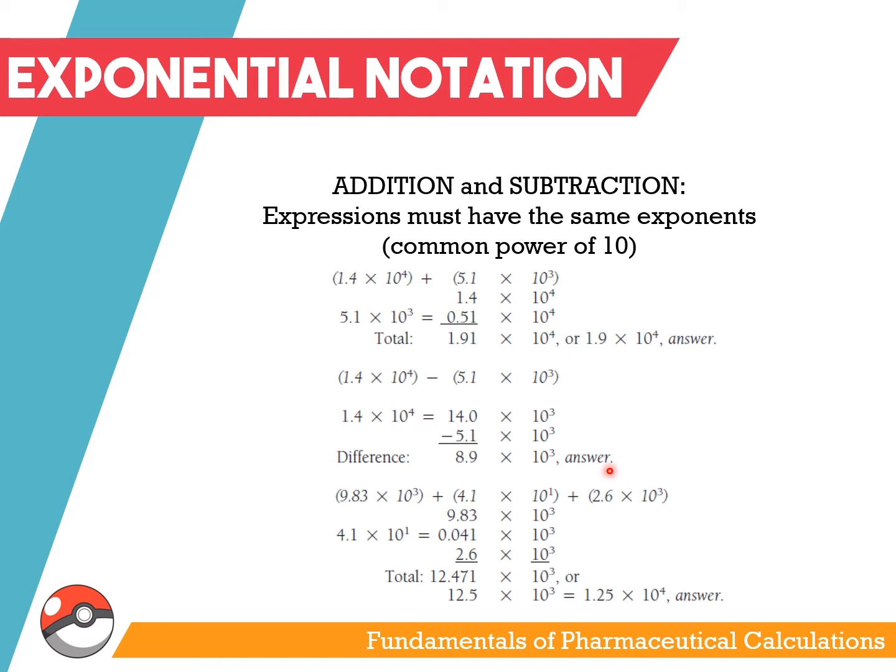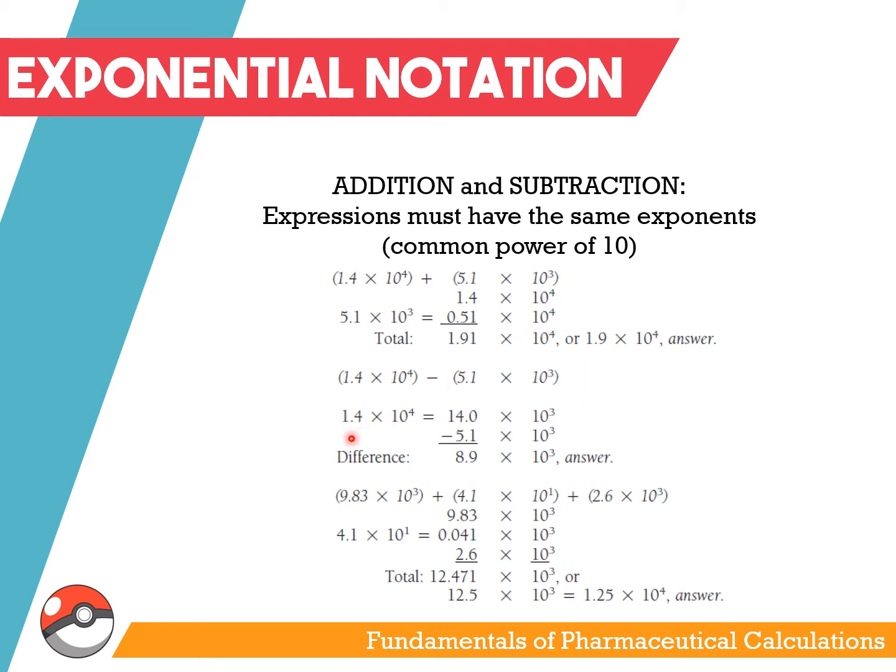Okay, guys. So we should take note that when we move the decimal to the left, the exponent increases, as seen here. From 5.1 times 10 to the third power, we move the decimal to the left of 5. It became 0.51. So the exponent increased by 1.